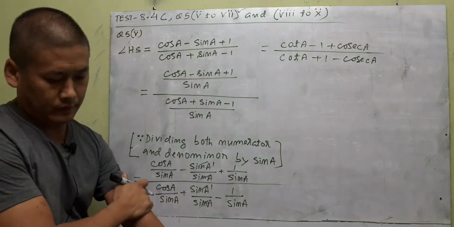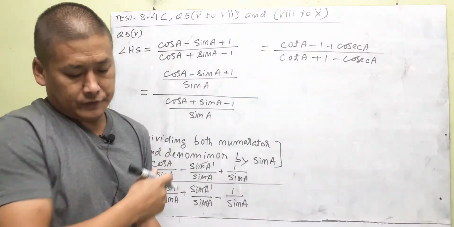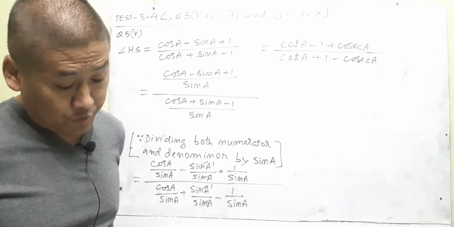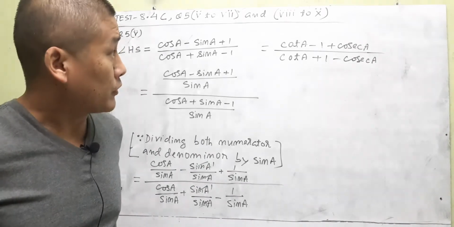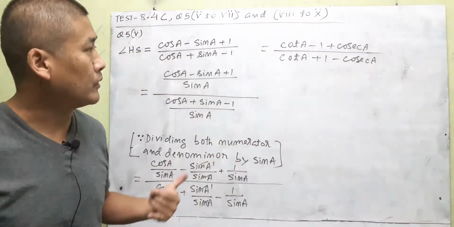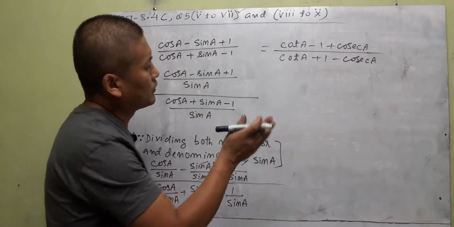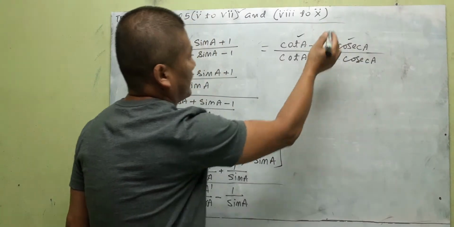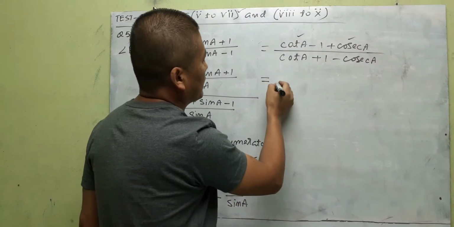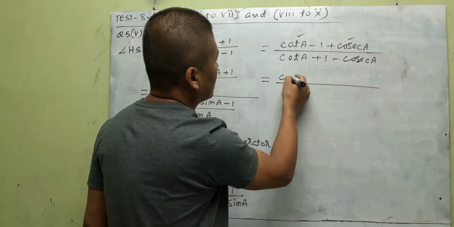Having done this, let us keep the right hand side in mind and on track: cosec A plus cot A. Cosec A, cot A is already there, so we'll try to reduce everything into only these 2, cosec A plus cot A. Maybe we can arrange it a little bit.